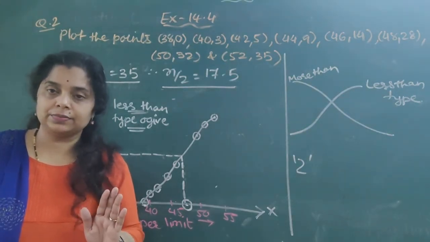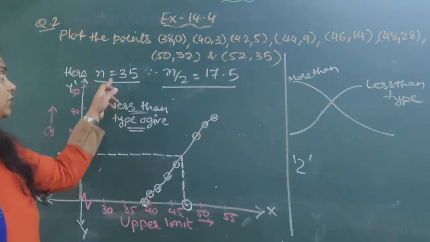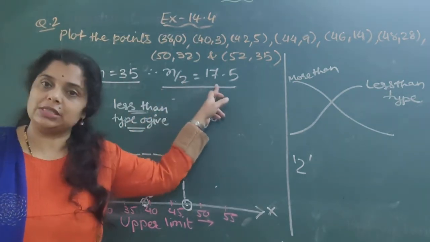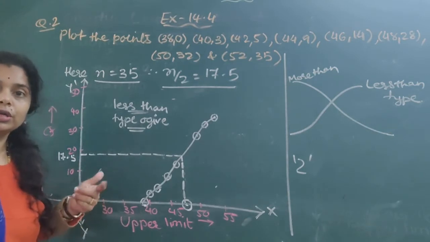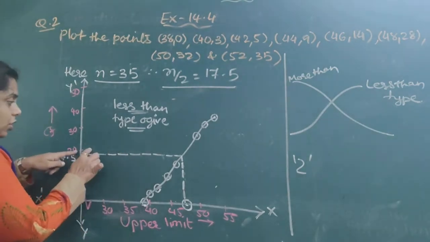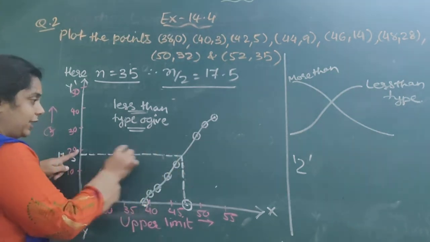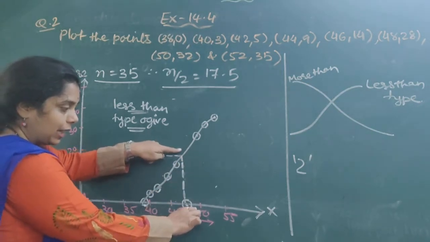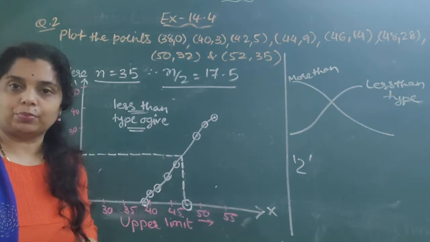Is it clear or not? Okay. Another thing I want to tell you: if instead of 35 it is 40, then n by 2 is obviously 20. So if it is 20, then draw a parallel line towards the x-axis from 20 and then move perpendicular down to the x-axis, and that point is the median point.